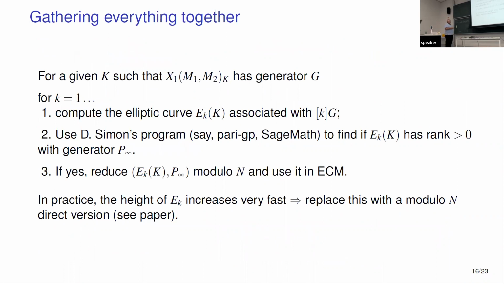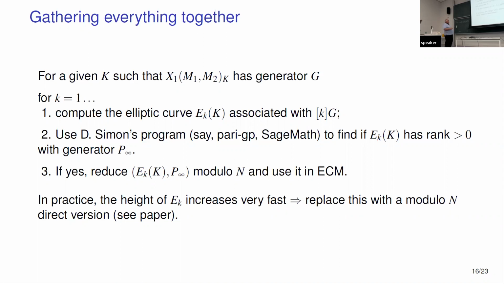So the theory tells you something like, for a given number field K such that X1 over K has non-zero rank and generator G, you compute a lot of curves related to X1.